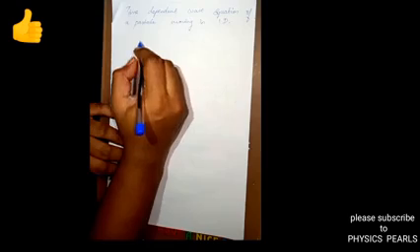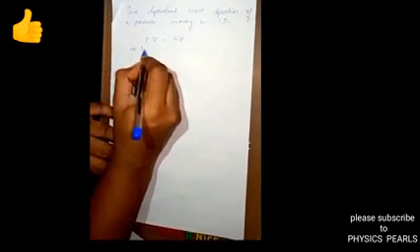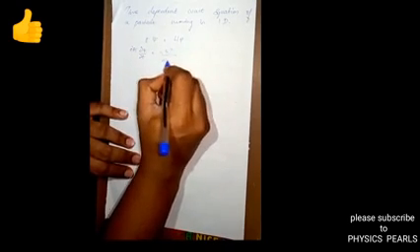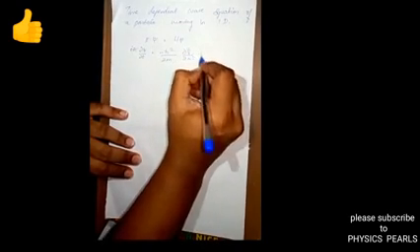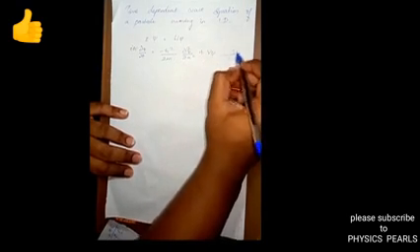That is given from the Schrodinger wave equation, that is E psi equal to H psi. That is, i h cross dou psi by dou t is equal to minus h cross square by 2m dou square psi by dou x square plus V psi. Let's keep this as equation number 7.